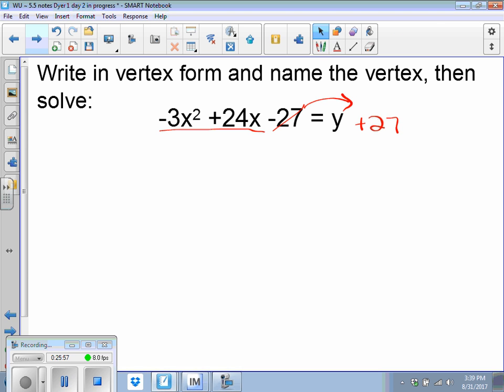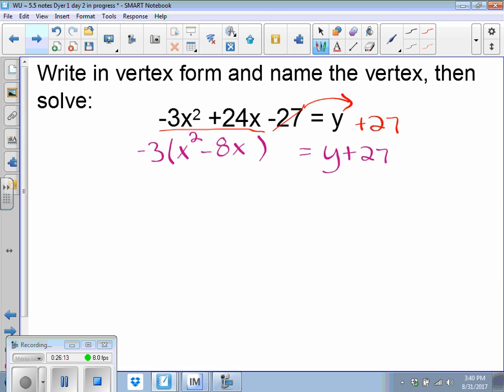So when I factor out a -3, that's dividing everything right here by -3. So -3x squared divided by -3 is just x squared. 24x divided by -3 is -8x. Now I need to complete the square in here, so I need a plus blank.